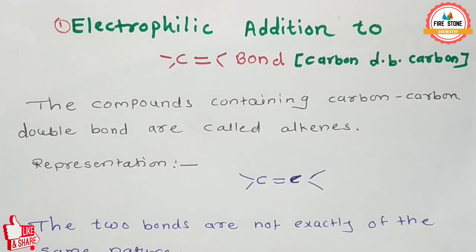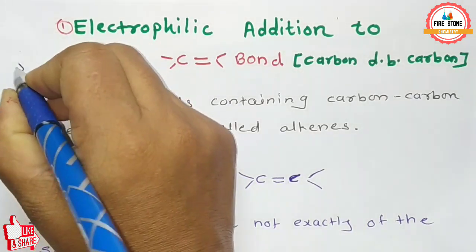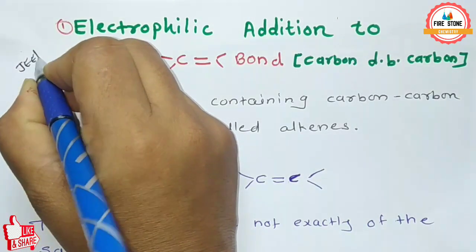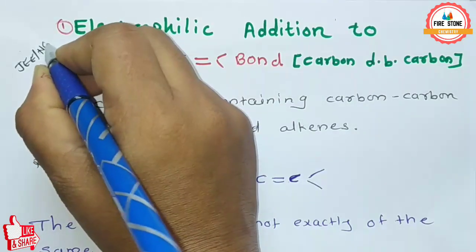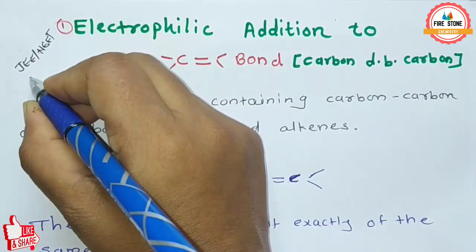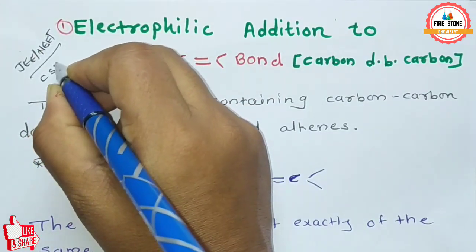Today's topic is electrophilic addition to the carbon-carbon double bond. This is the most important topic for GATE, NEET, and also for CSIR NET.